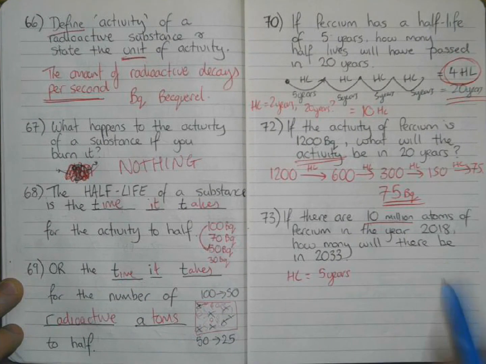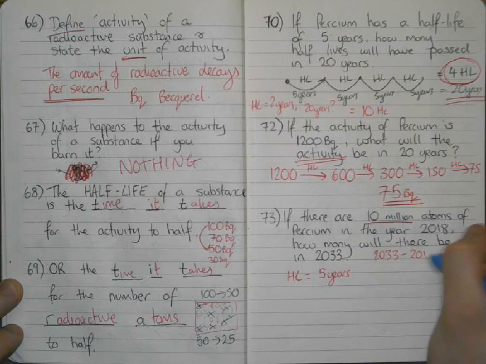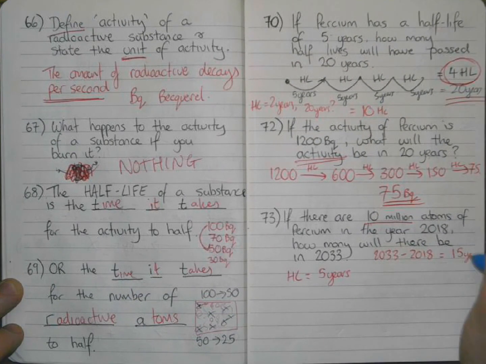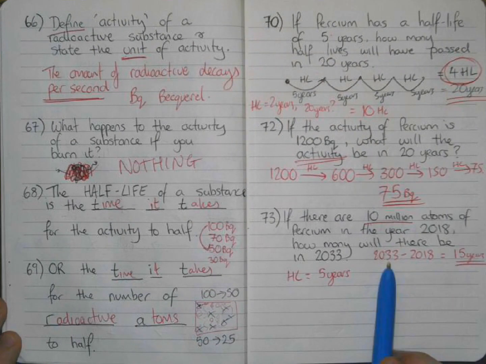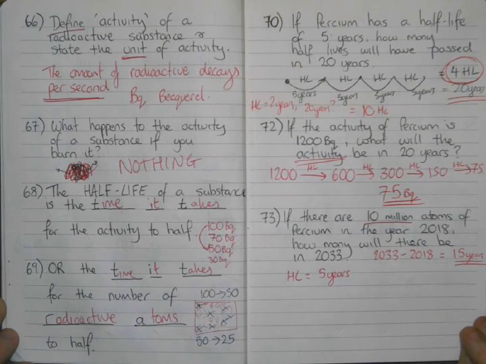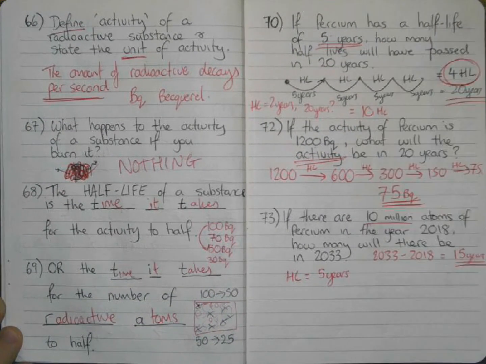The difference between those 2 years is 15 years. So 15 years passes from 2018 to 2033. How many half-lives is that? 1 half-life is 5 years for persium.